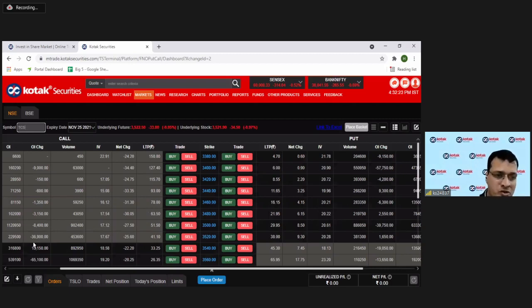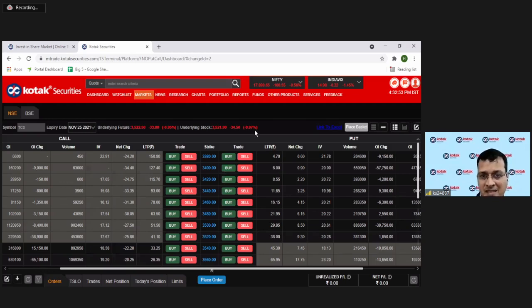So how do you use it? Generally, I'll just give you an idea. You can see over here option OI of 1120950, which is the 3500 ka strike price. There is no ground rule as such, but this is a general assumption that 3500 ka call has the highest OI, that is 1,12,0950, right?